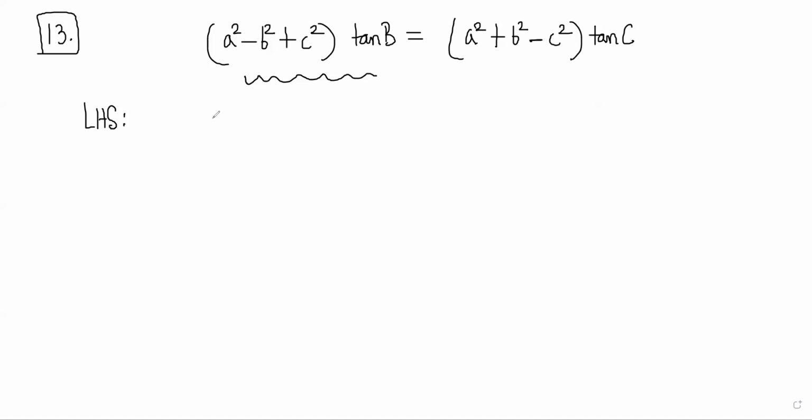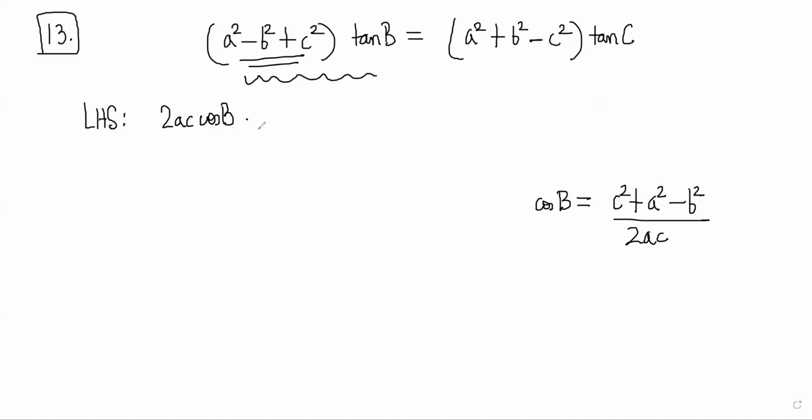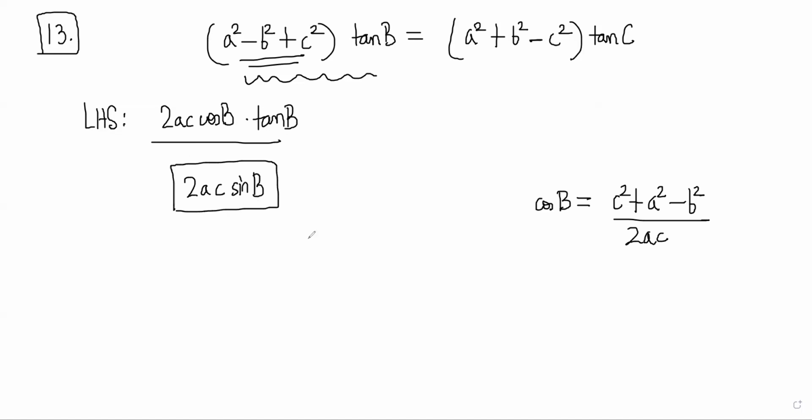I tried to convert it into cos B form, because we can write tan B as sin B by cos B. So if I multiply and divide by 2AC, this bracket is simply 2AC cos B. So what is this? 2AC sin B. What is this bracket?